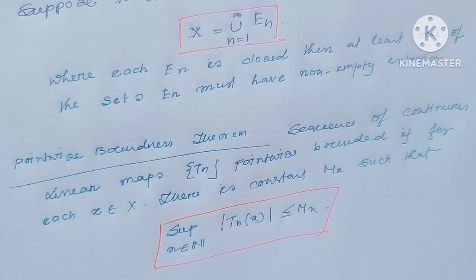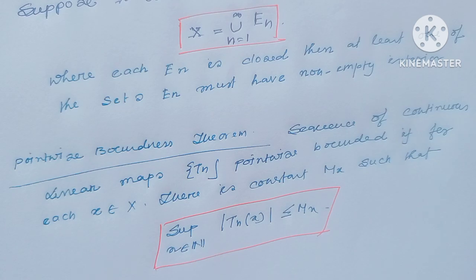A sequence of continuous linear maps Tn is said to be pointwise bounded if for each x belonging to X there is a constant Mx such that the supremum over n in the natural numbers of norm Tn x is less than or equal to Mx.